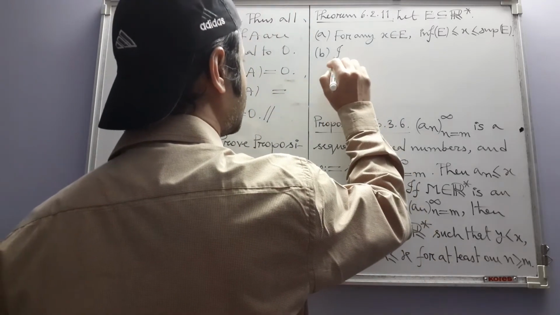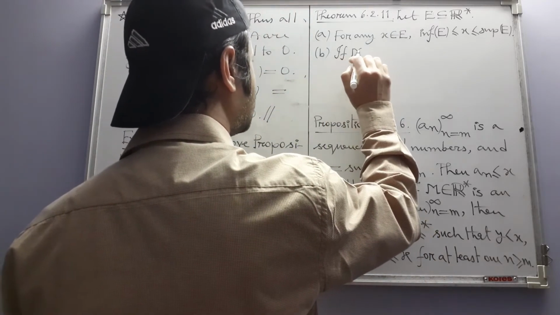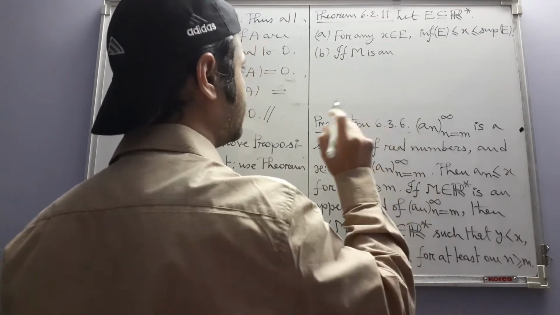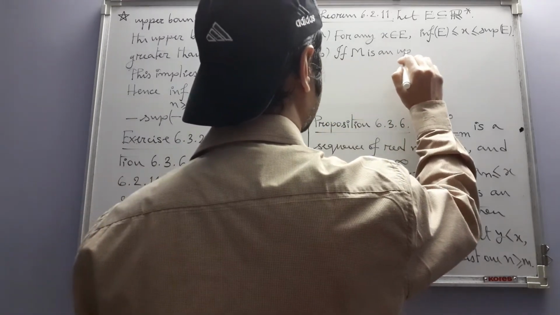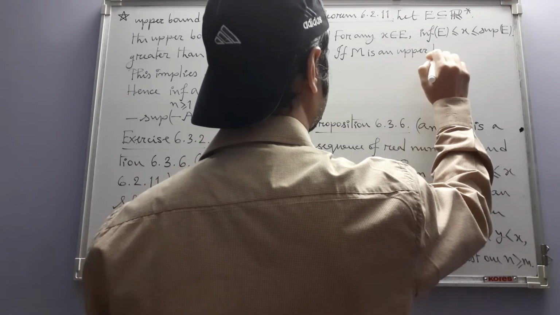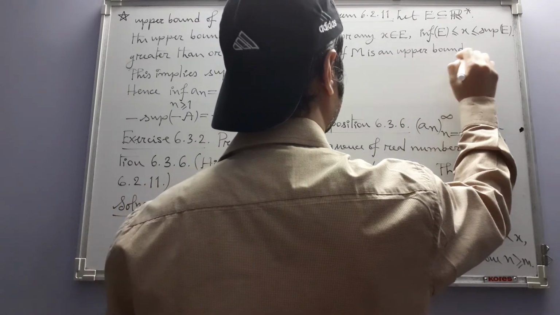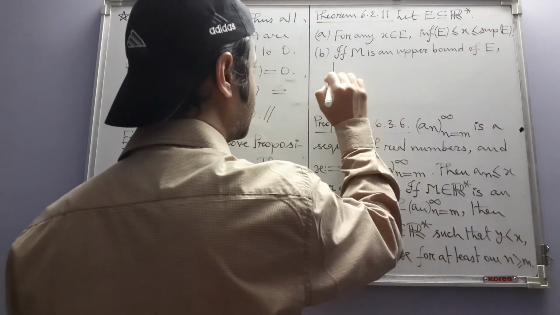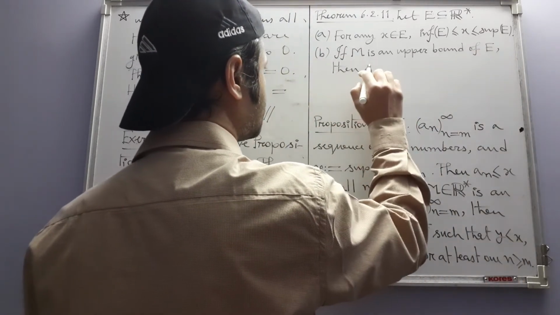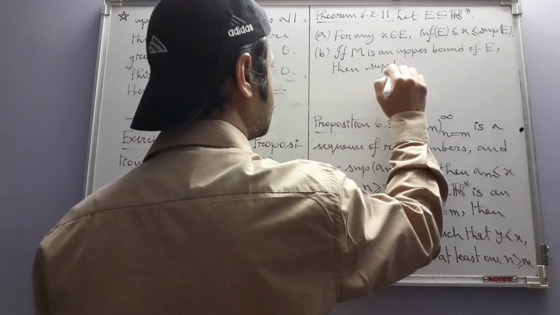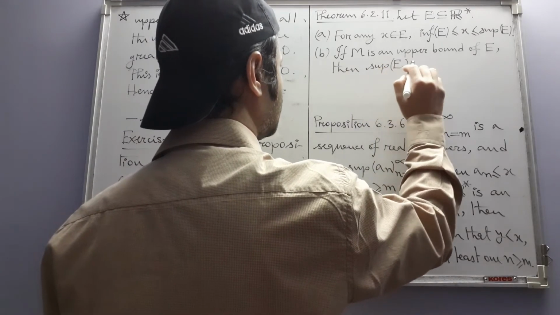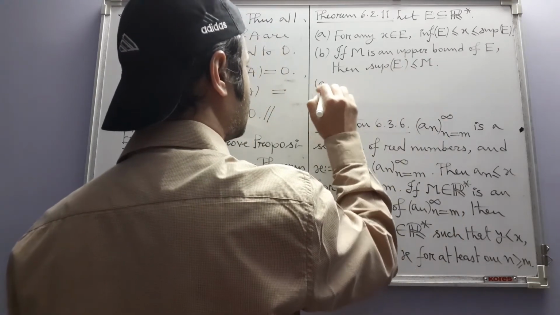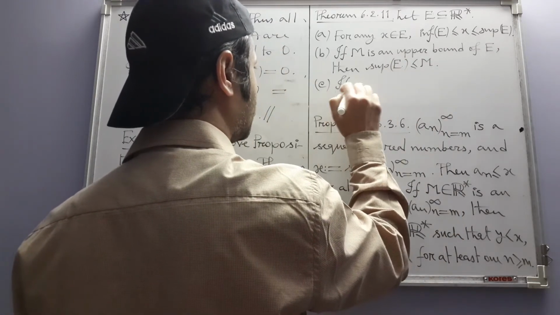if M is an upper bound, M is an extended real number. If this is an upper bound of E, then supremum of E is less than or equal to M. And part C is about lower bounds.